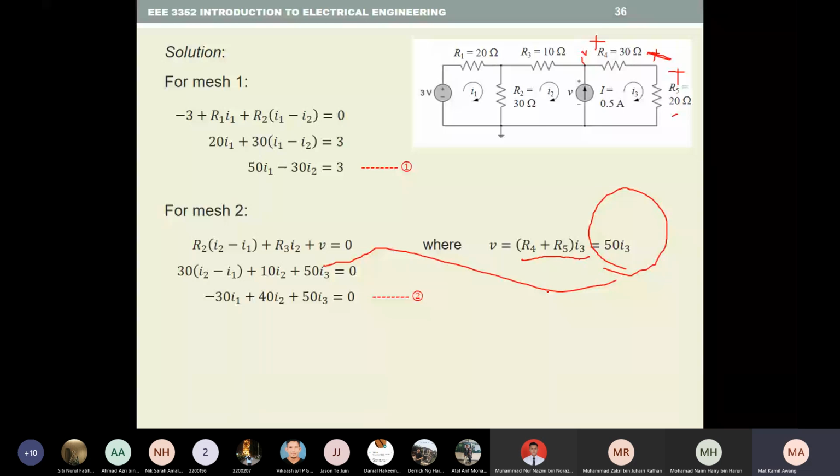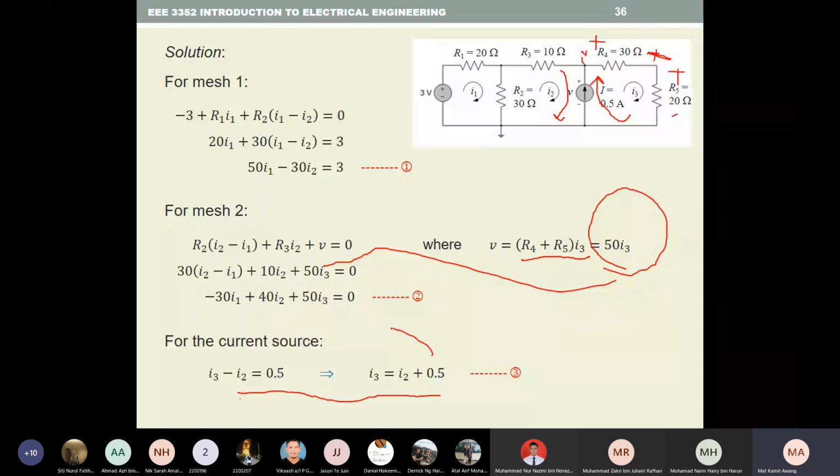For the current source, here 0.5 is actually equal to I3 minus I2. So therefore I3 is equal to I2 plus 0.5.